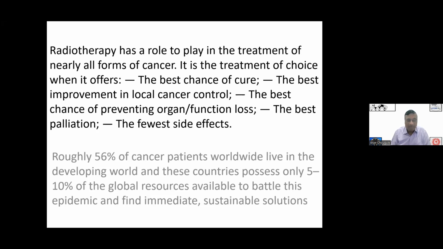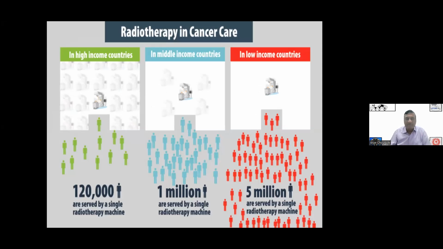Roughly 56% of cancer patients worldwide live in the developing world, and these countries possess only 5 to 10% of the global resources available to battle this endemic and find an immediate sustainable solution. I'm just giving some idea.